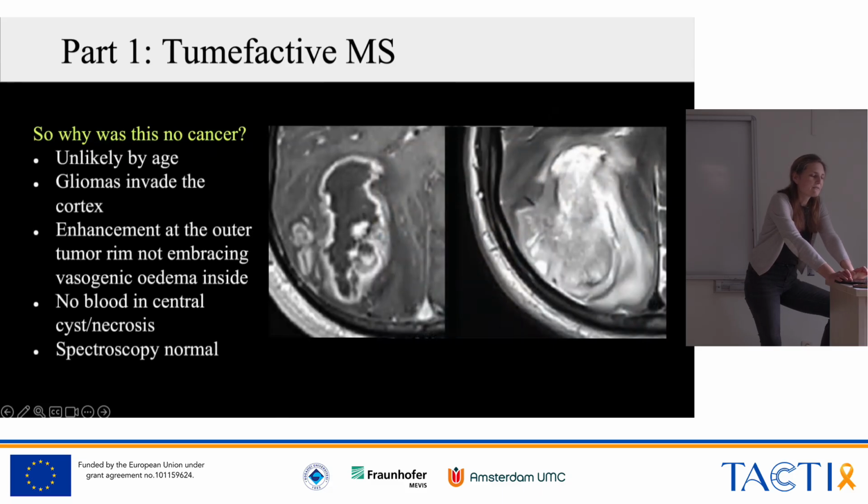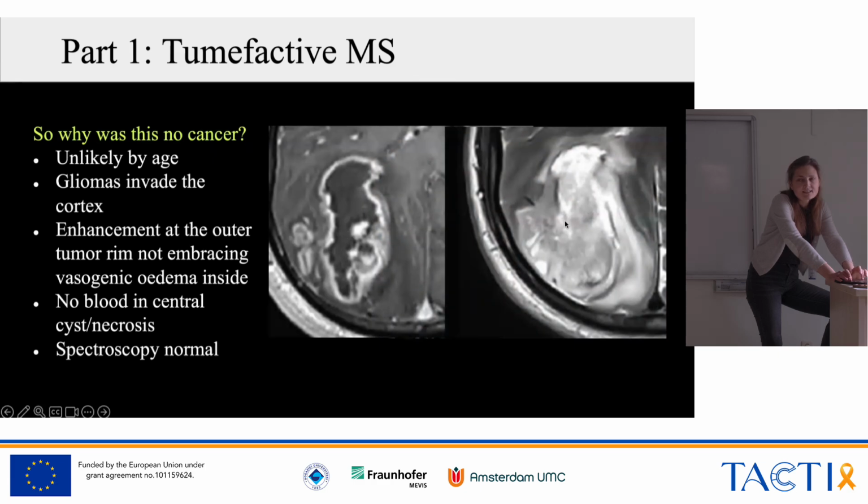So this makes it very suspicious of tumor-factive MS, because a glioma just doesn't behave that way. And also, as you can see here on our glioma case, this is not a cyst here. This is necrosis. It's filled with dead protein, dead tissue.